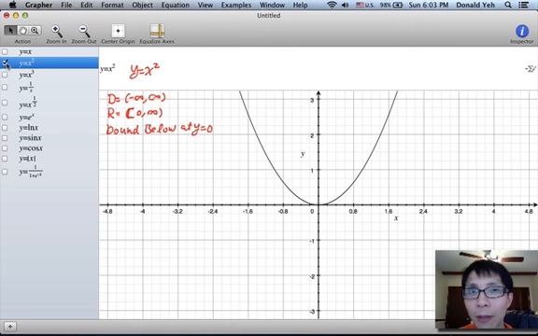So by looking at this graph, if you memorize all the graphs, you can tell me all the information you need. You can tell me this is an even function.